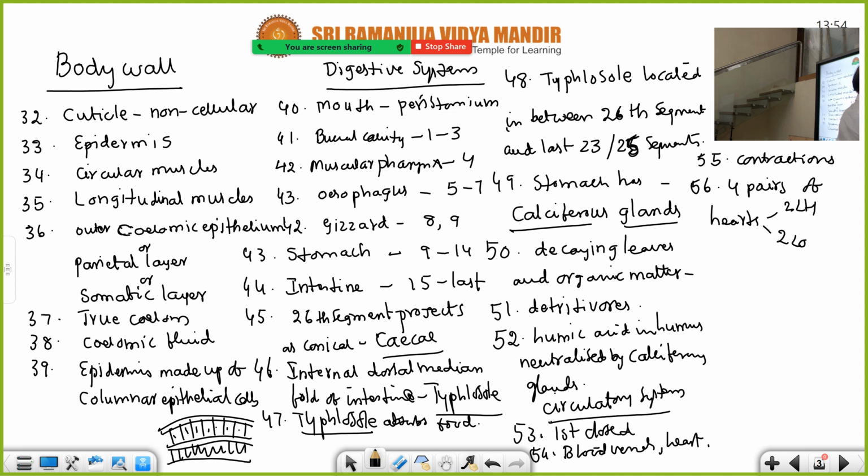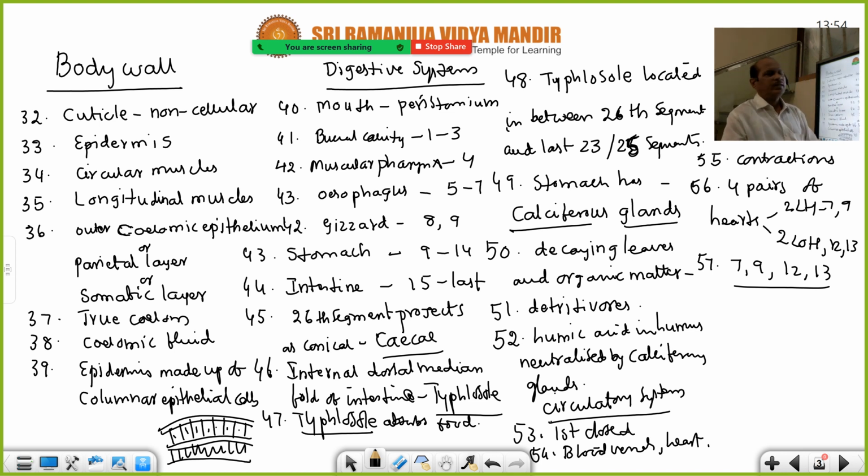Lateral hearts and lateroesophageal hearts, segments 7, 9, 12 and 13. So overall the 4 pairs of hearts are present in 7, 9, 12, 13. You see the diagram. In the diagram it is given; previously also I told you about this.